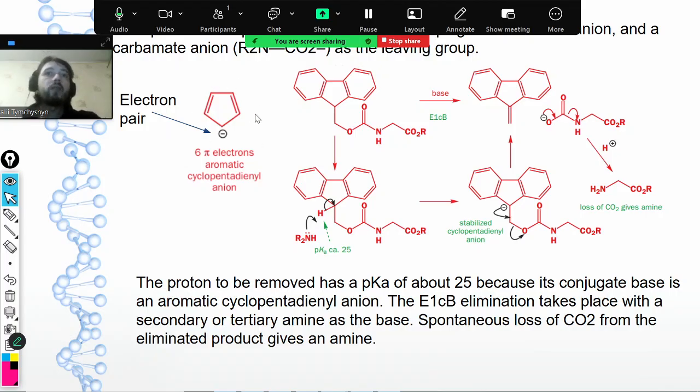So we have fixed pi electrons, we have an aromatic system, and it's pretty stable. So that's basically an example of the stabilization. And here is one more example. You have a pretty acidic hydrogen atom, so it's happy to leave because you will get here an aromatic system that is more or less stable, and that basically helps you to perform E1CB elimination.